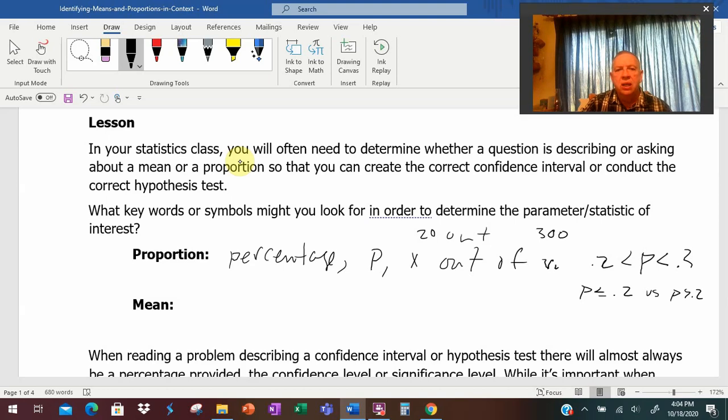Okay. So for the mean, they could be talking about mu. Certainly if they say find the mean, that should be pretty clear. They could also be talking about the average, the sample average, okay?